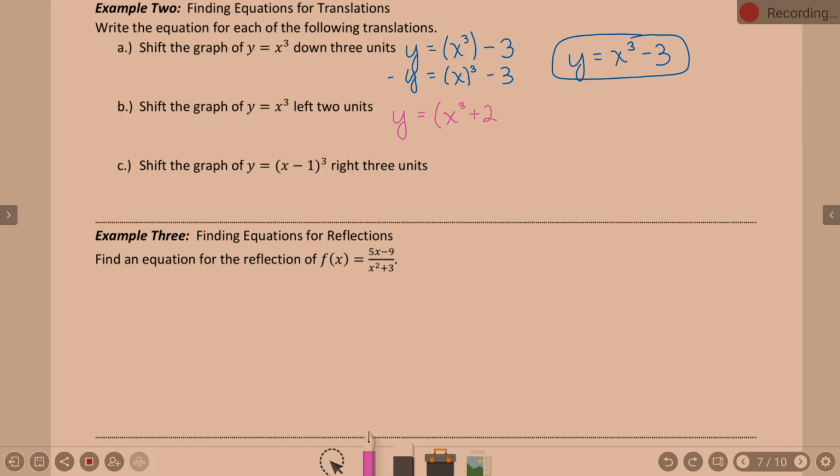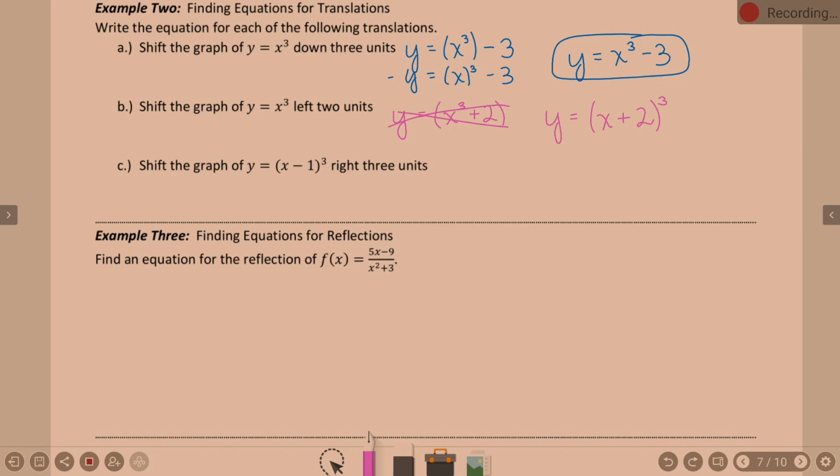Vetoed. Oh, throw the cube outside. You're doing it to the whole thing. And then I'll go parentheses: x plus 2, close parenthesis, cubed.